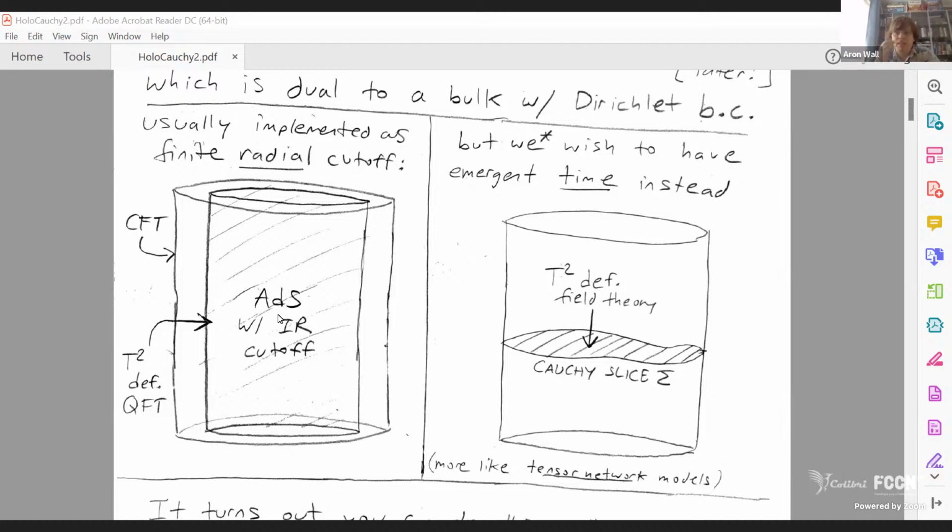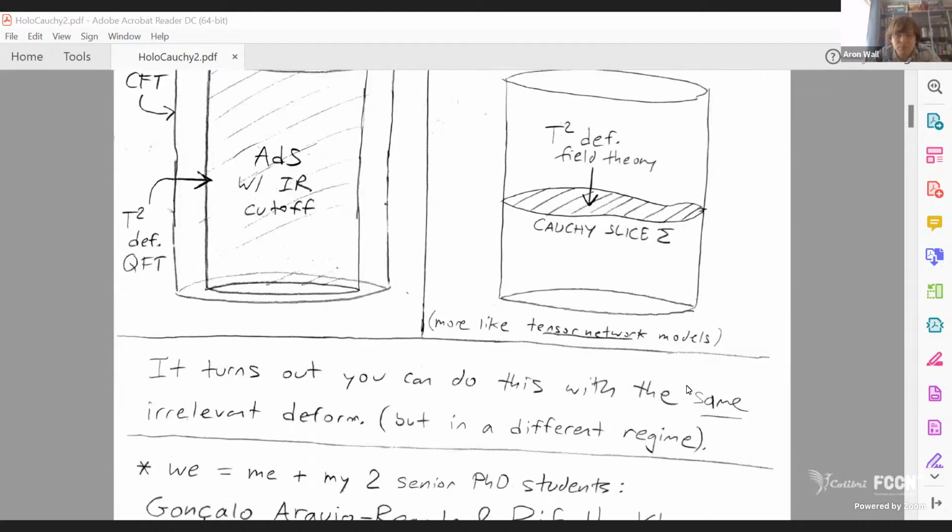What we did is we wanted to play a variant of this game where instead we had our holographic T squared deformed field theory live on a spatial Cauchy slice of the anti-de Sitter spacetime, which is more inspired by the sorts of things people do in tensor network models of quantum gravity, but sort of like a continuous tensor network.